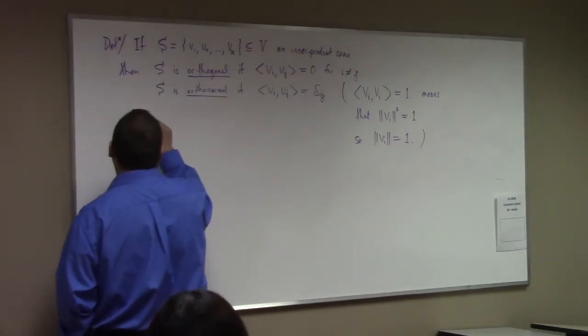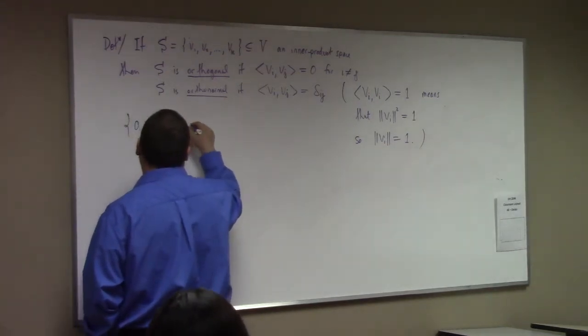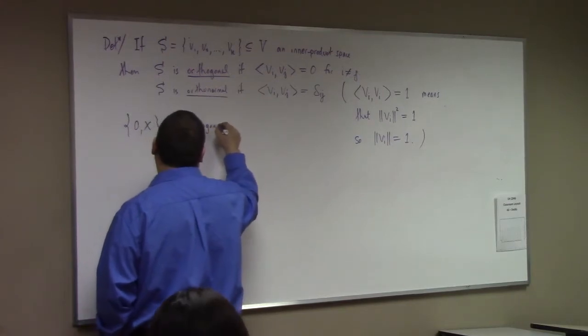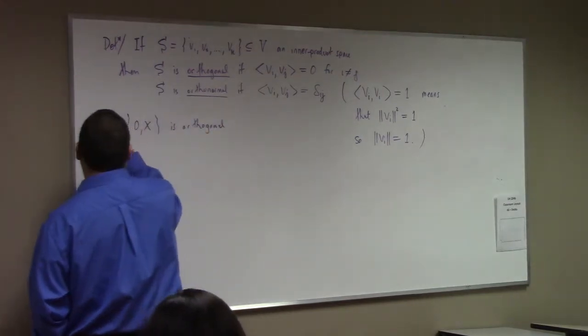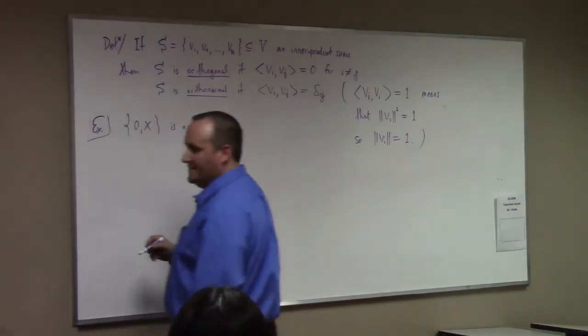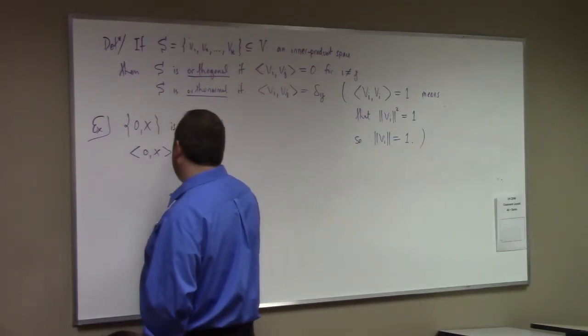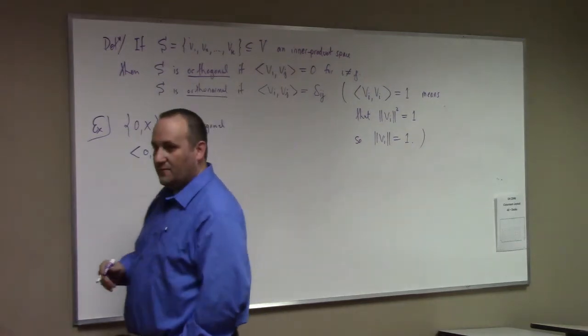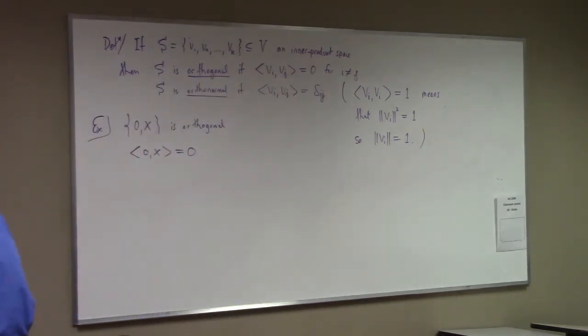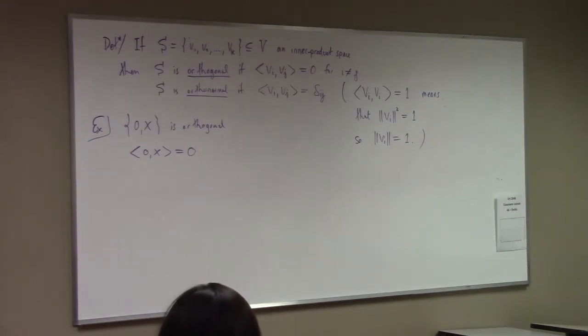Check this out: {0, x} is orthogonal, because the inner product of 0 with x is 0 for any x. Therefore, the set containing 0 and x is an orthogonal set. But it's not orthonormal, because the length of x could be whatever it is.